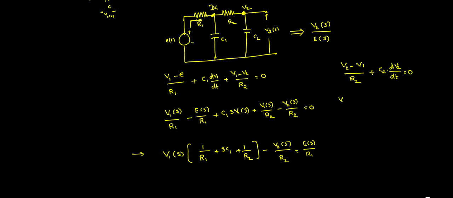Now applying Laplace transforms: V2 of s by R2 minus V1 of s by R2 plus C2 s into V2 of s is equal to 0. From this, I can write V1 of s is equal to (1 plus s C2 R2) into V2 of s. Simple.